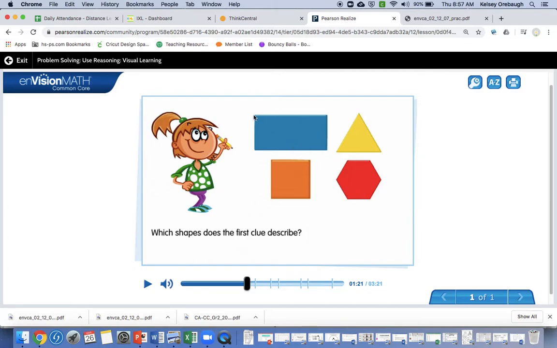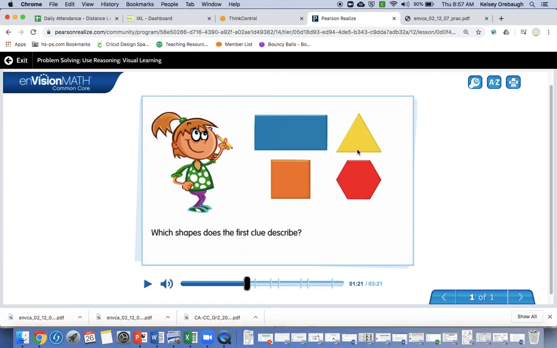Okay, so we want to figure out which shapes have fewer than 6 sides and which do not. We're going to cross out the shapes that do not have fewer than 6 sides. So a rectangle has 1, 2, 3, 4 sides. Should we cross that out? Nope. That has fewer than 6 sides.